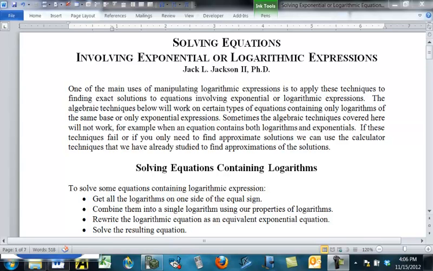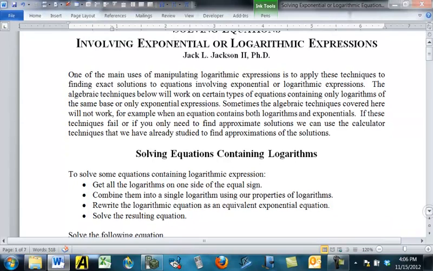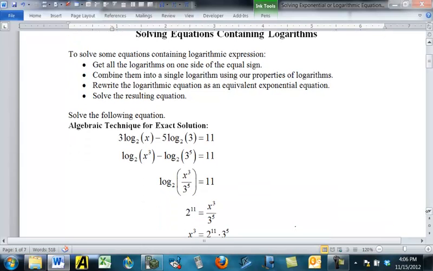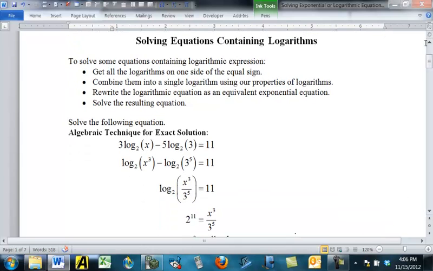And of course, if you're only interested in approximate solutions, the calculator techniques are just as good anyway, and we don't need the algebraic techniques.